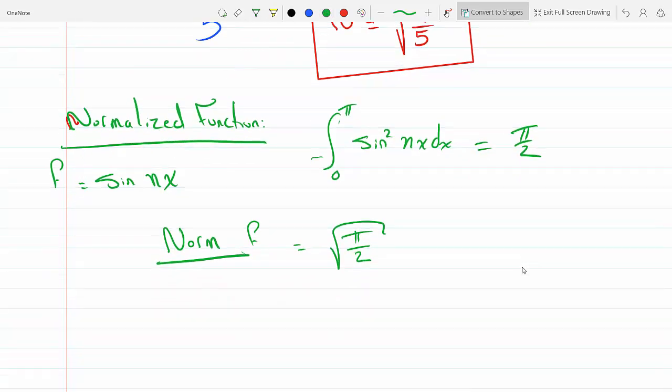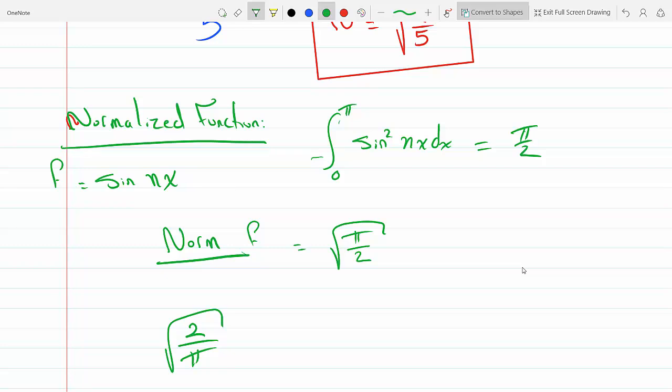Okay, now what we say is, what does normalized function mean? It's like unit vectors. When you take the unit vector, you get 1. Like say I dot I, you get 1.